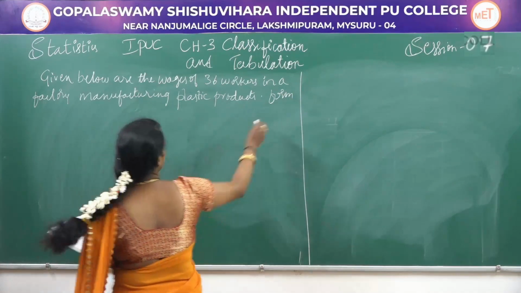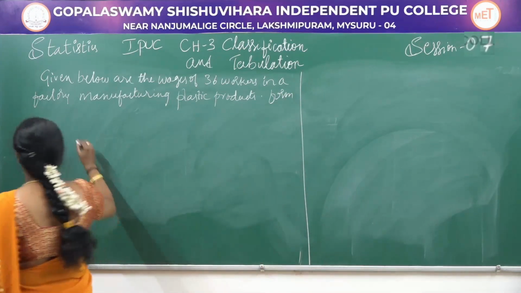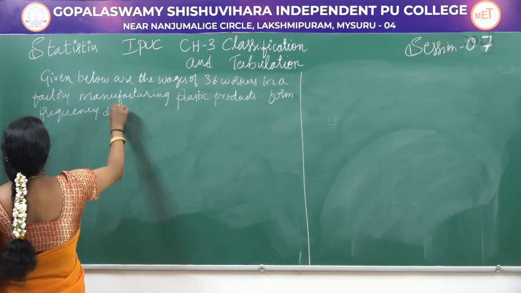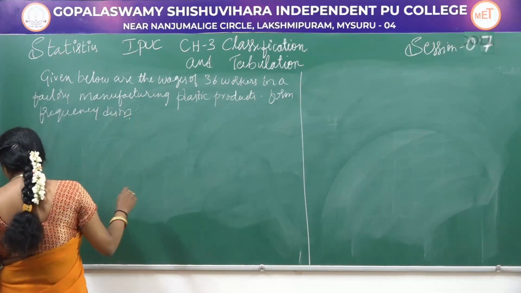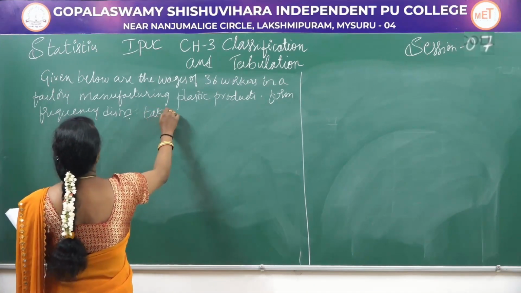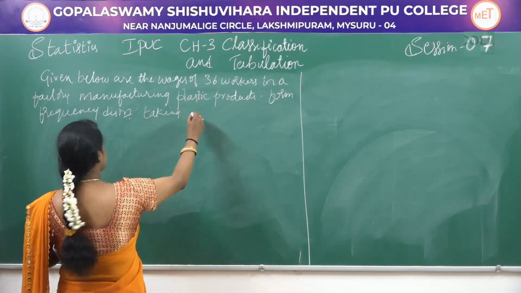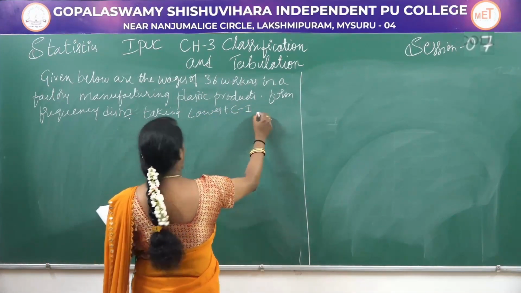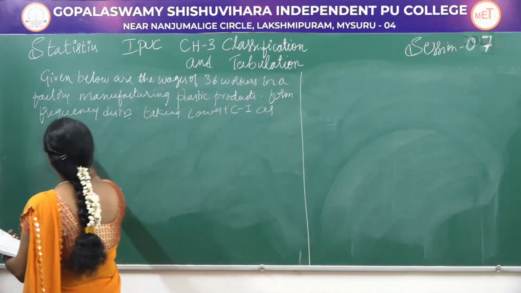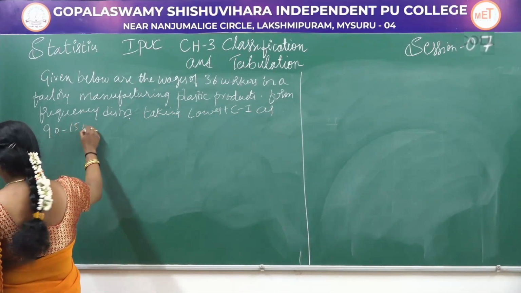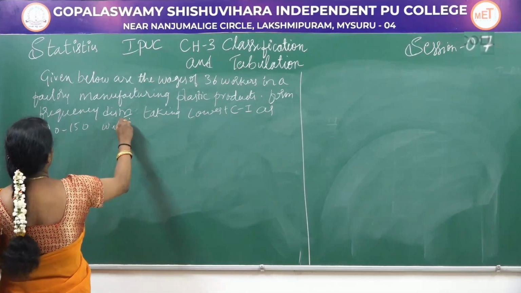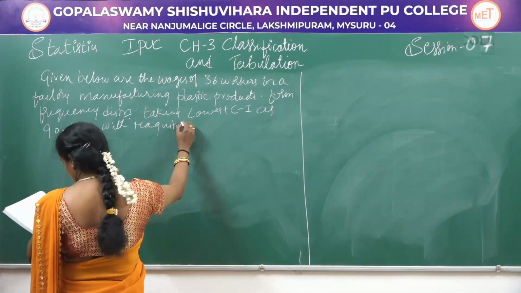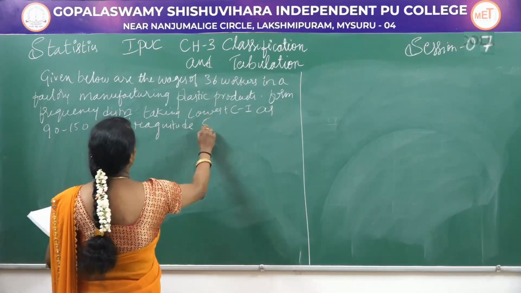Form a frequency distribution taking the lowest class interval as 90 to 150 with magnitude 50.